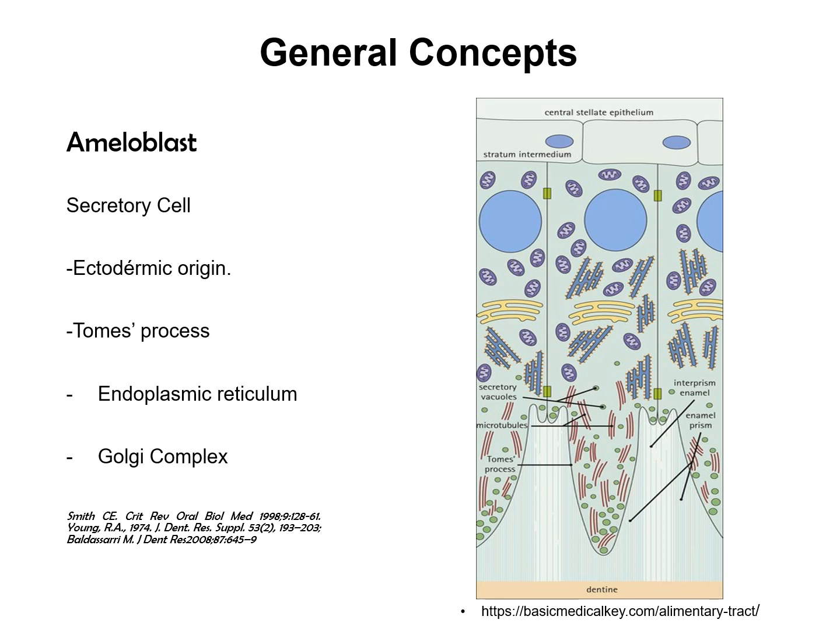Their origin is ectodermal, and as secretory cells, they contain a primary cell membrane, a cytoplasm rich in organelles such as the Golgi apparatus, the rough endoplasmic reticulum, mitochondria, the nucleus, and Thomas process, which is rich in secretory vacuoles containing organic matrix, proteins, and numerous microtubules.